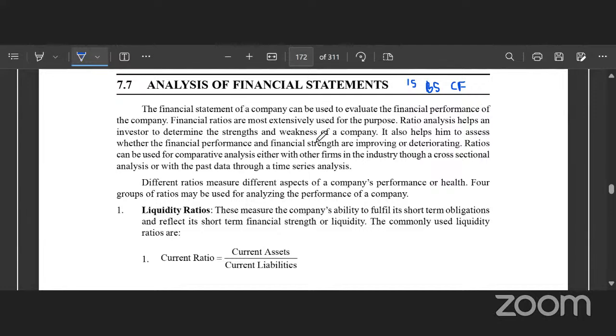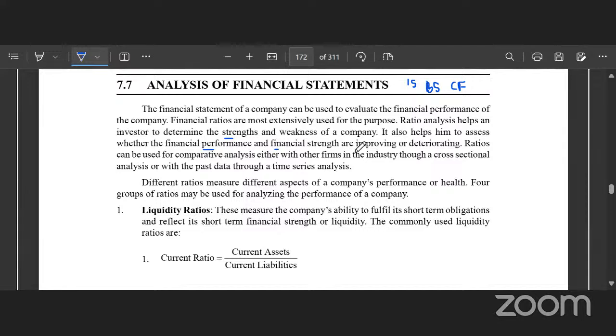And using these financial statements, we can analyze the company. This is nothing but ratio analysis, which helps an investor to determine the strengths and weaknesses of the company. The ratio analysis also helps investors assess whether the financial performance and financial strength are improving or deteriorating.